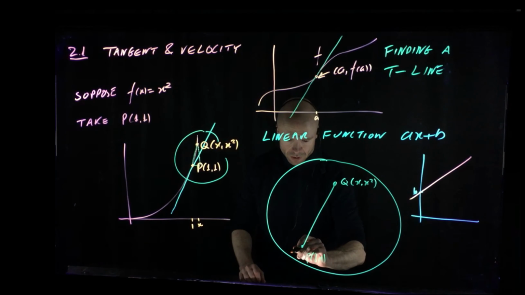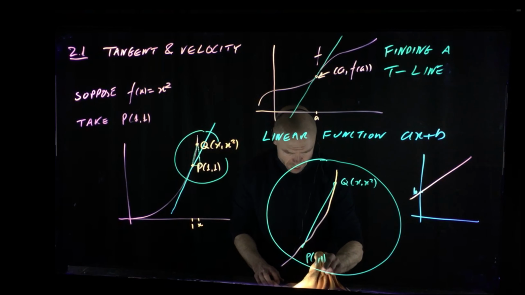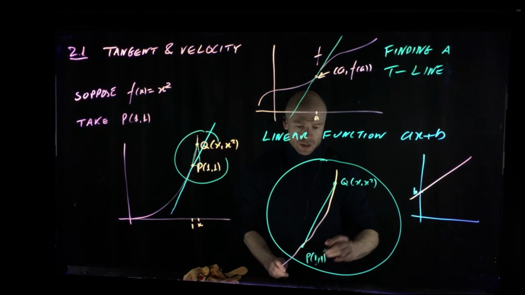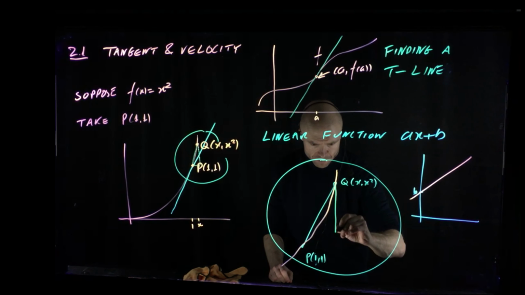Right? But we're just going to try and focus on finding the slope of the line that goes through PQ for the time being. Okay, so what are we going to do? We're just going to draw a triangle, okay?